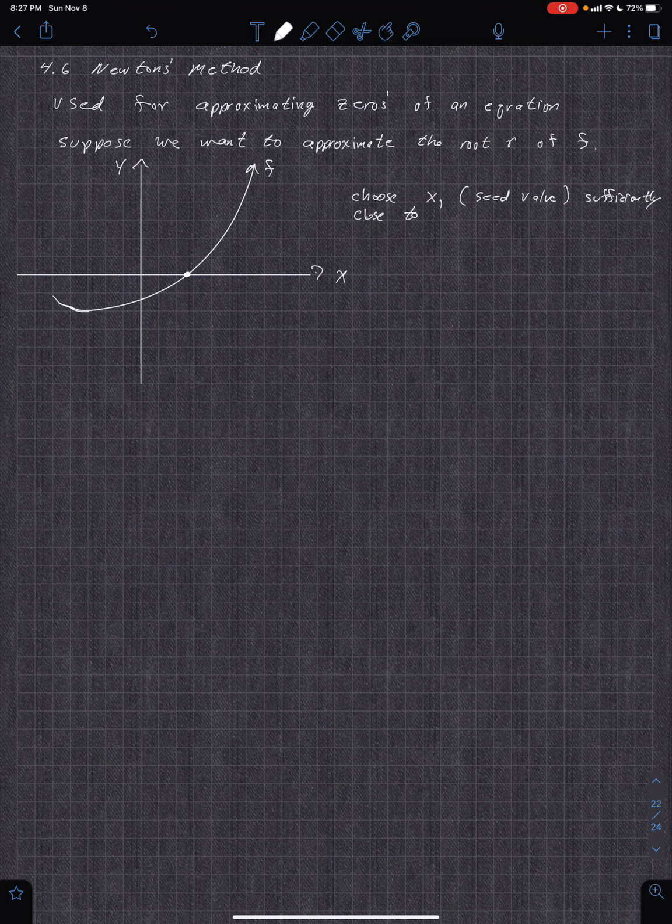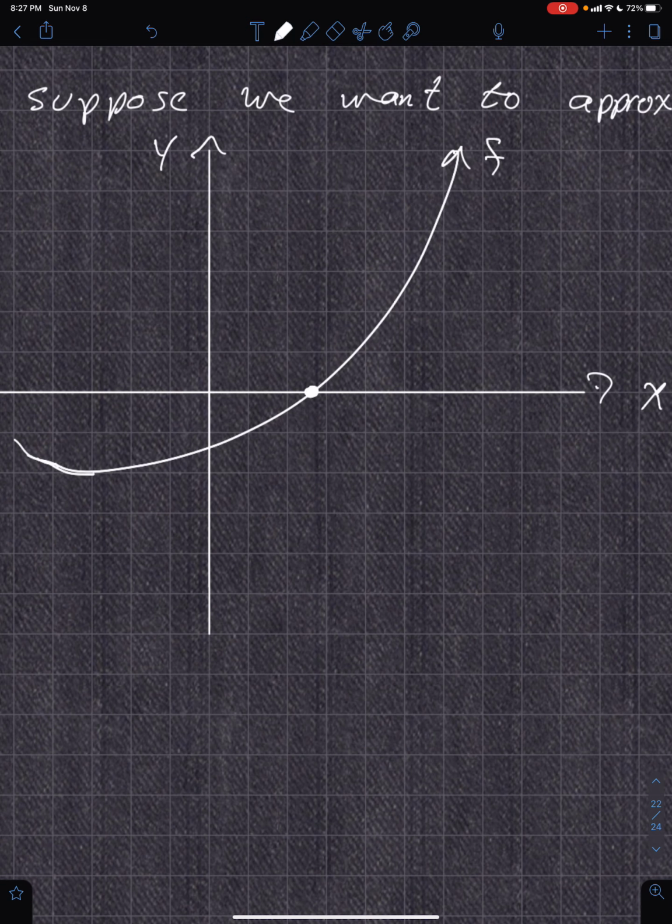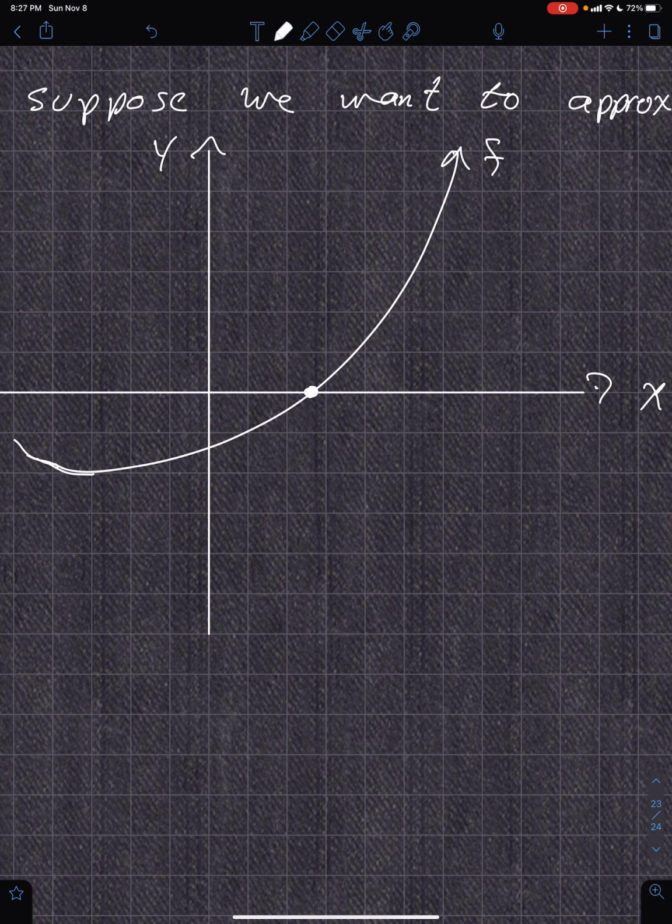Now that's kind of hard to define, but I'll show you some examples later what we mean. So let me zoom in a little bit here. So you want to choose a value, say, let's just make it right about, well, we're kind of exaggerating a little bit. So let's make it here. Okay, so you're going to choose x sub 1 to be here.